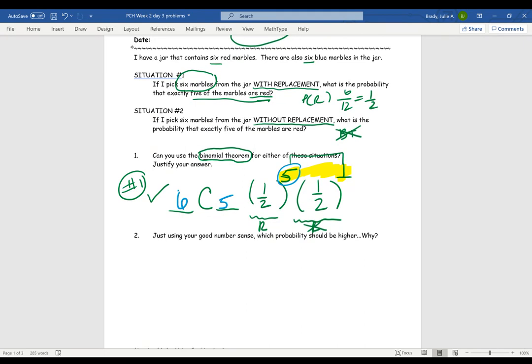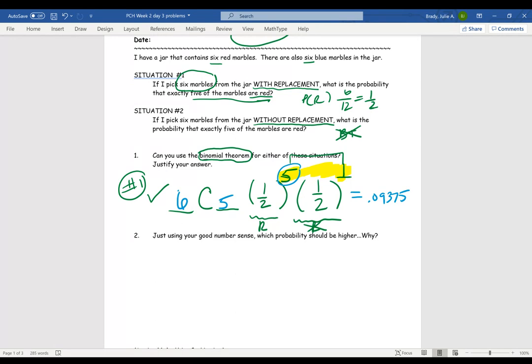Okay, so which one would be higher? Now I typed this in my calculator and I got 0.09375.